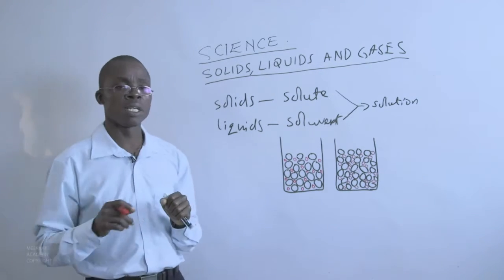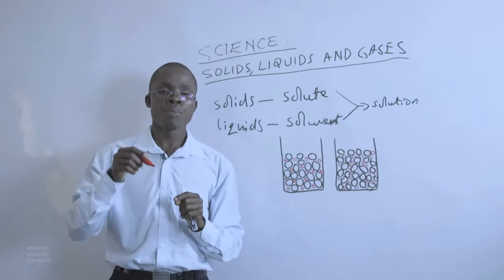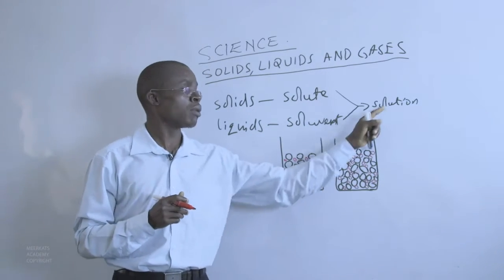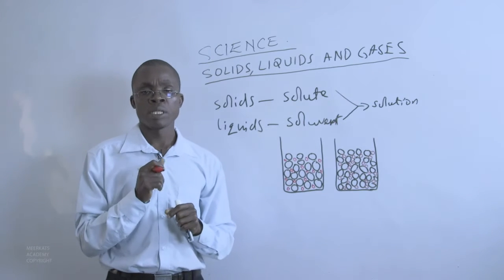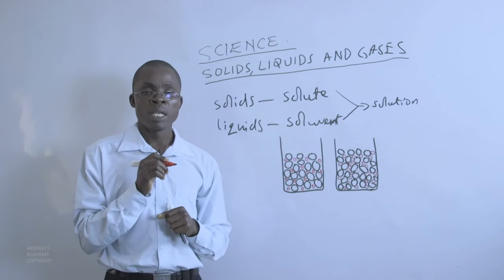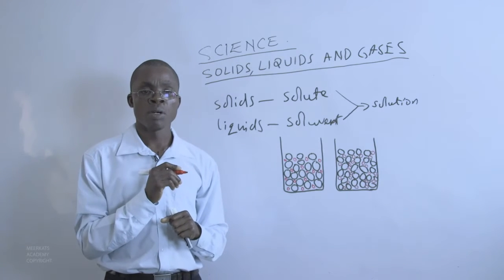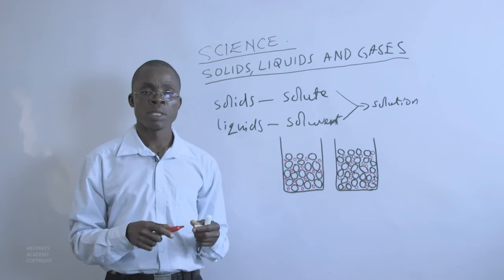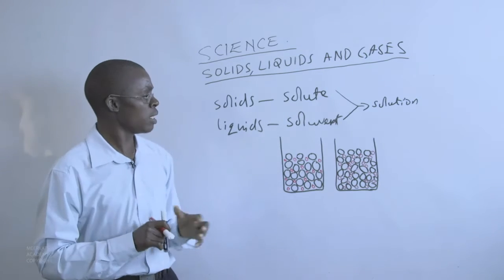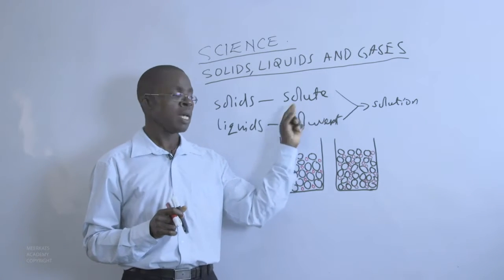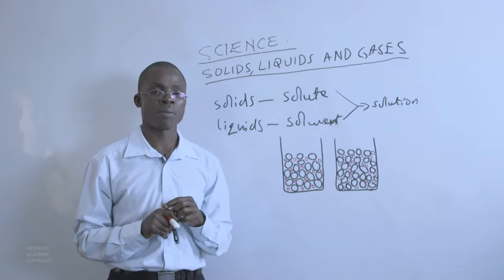We also need to understand here that as some of these solutes are being put into a solvent to form a solution, we said that matter is a particle, and this particle has mass, and it also occupies space. So when this particle, which is a solute, enters a solvent, it also does something else.